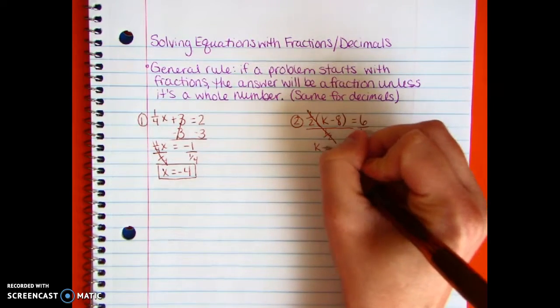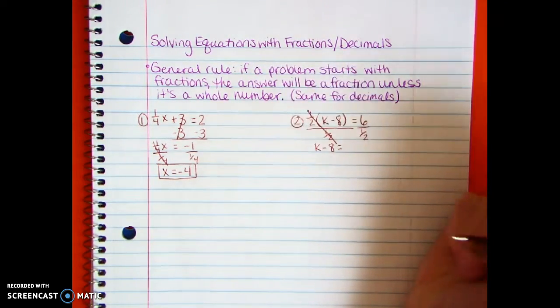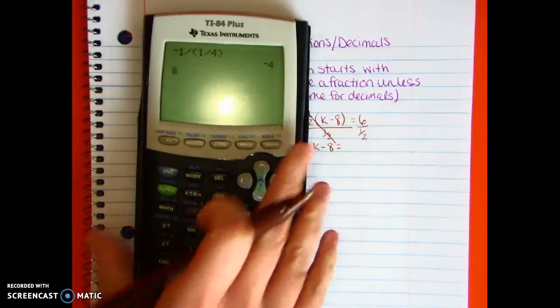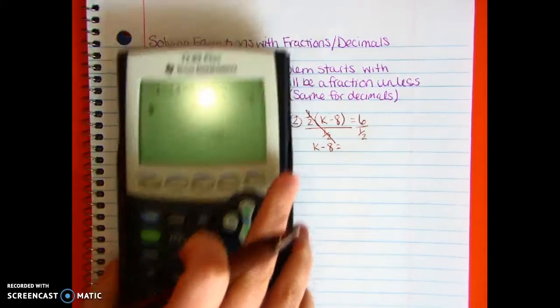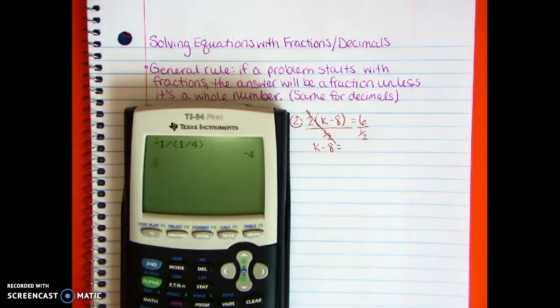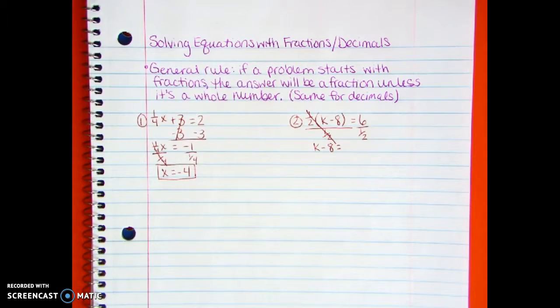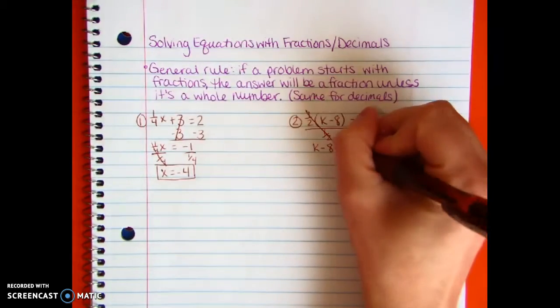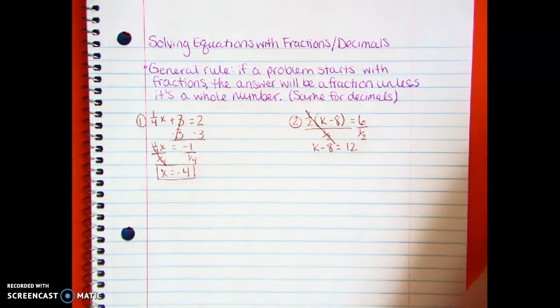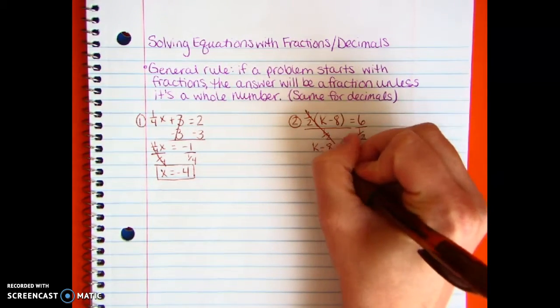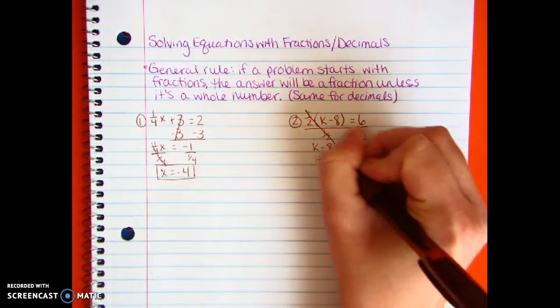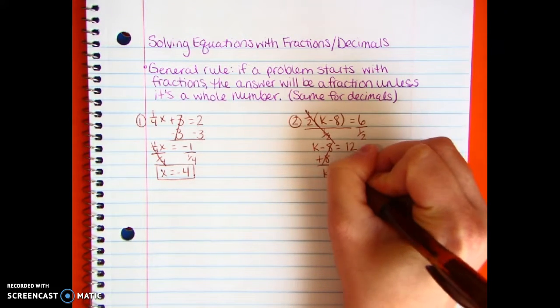I get k minus 8 equals, and here, if you're not sure what 6 divided by 1/2 is, let me get it out of the light. 6 divided by, inside parentheses, put 1 divided by 2. And that's 12. Okay, last step is add 8 to both sides. K equals 20.